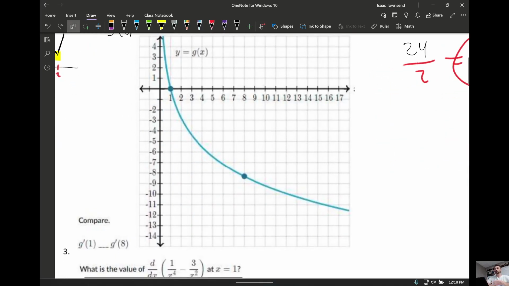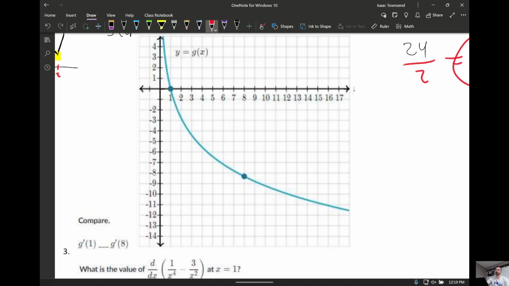All right, question 3 wants us to compare these two. Is the derivative at 1 or the derivative at 8 bigger? Which one of these is bigger? What does derivative mean?